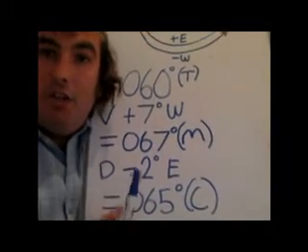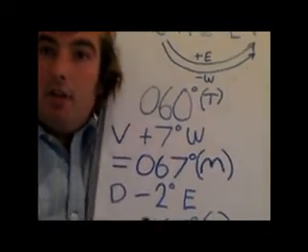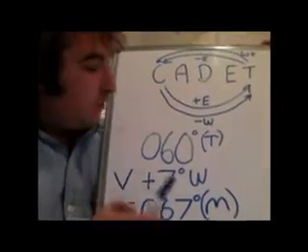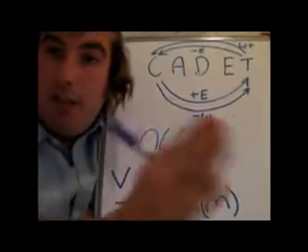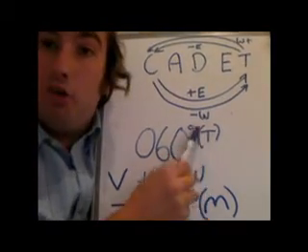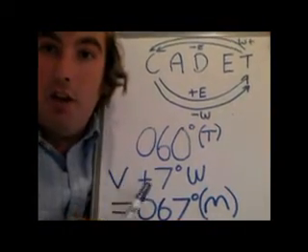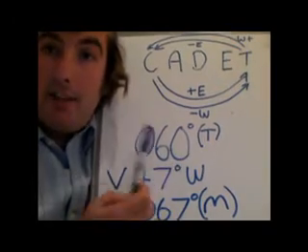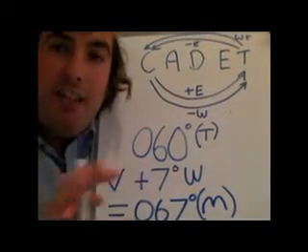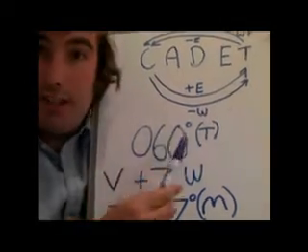And our deviation is 2 degrees east. Working from the top, we've measured a line on the chart, and that's 60 degrees, what we call a true bearing. Then we need to apply our variation, which is 7 west, and work out whether to add or subtract that from the original 60.